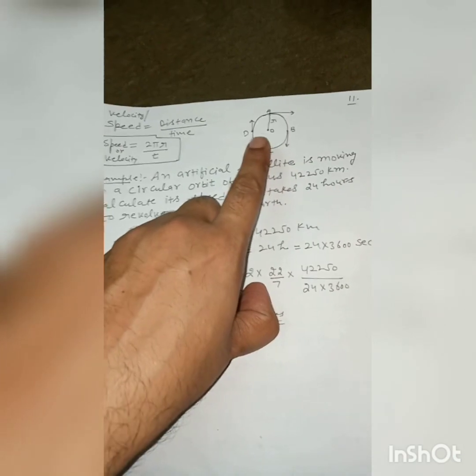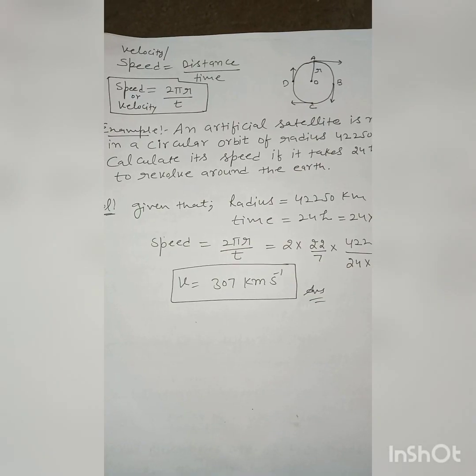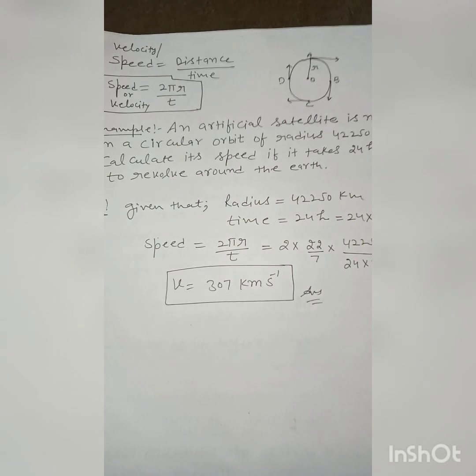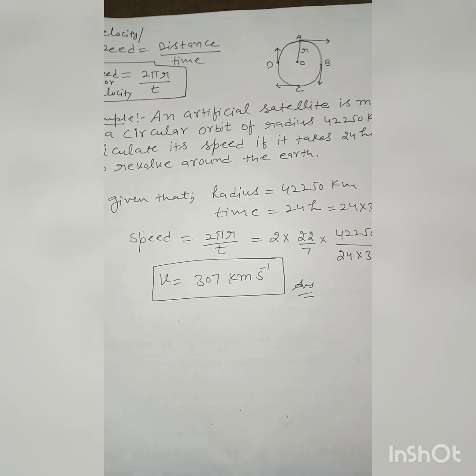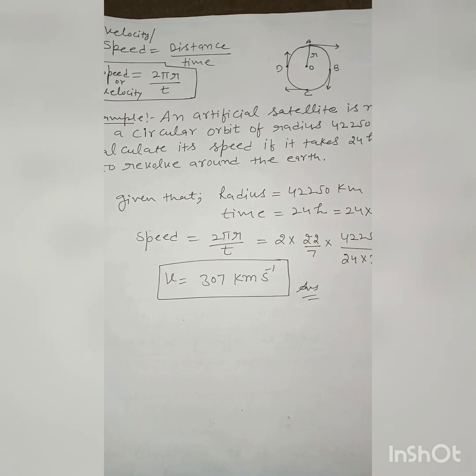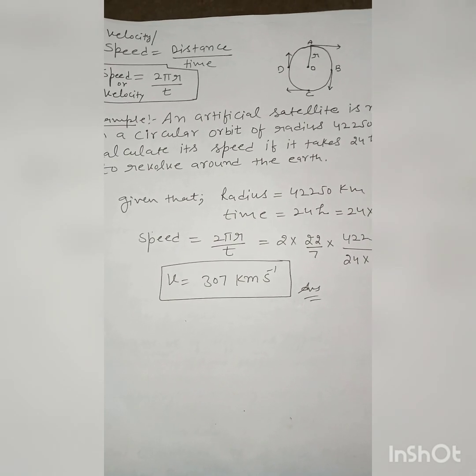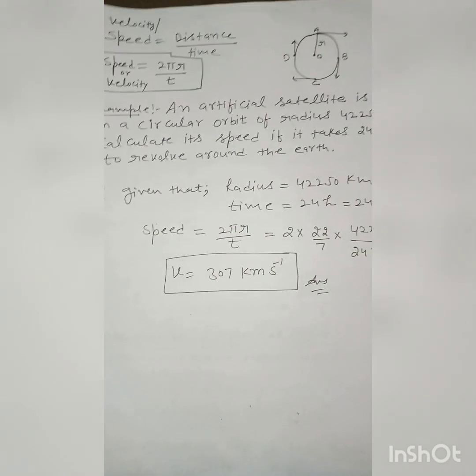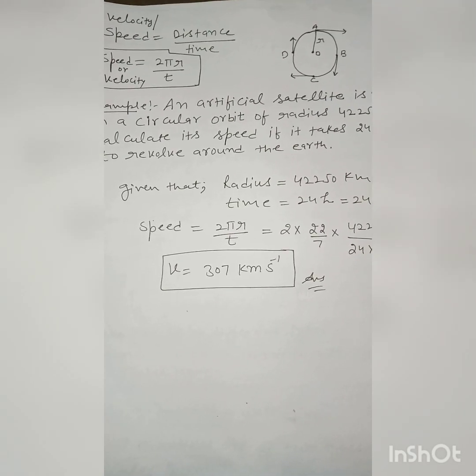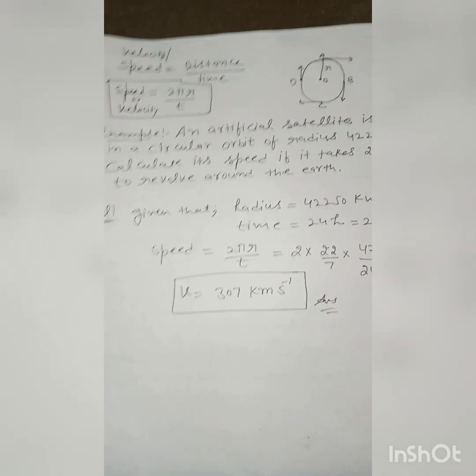So you can see the direction of velocity is changing at each point on the circle. Direction is changing, that is velocity is changing. If velocity changes at each point, it means this type of motion is accelerated motion. So when an object is moving in a circular path, it is an accelerated motion.